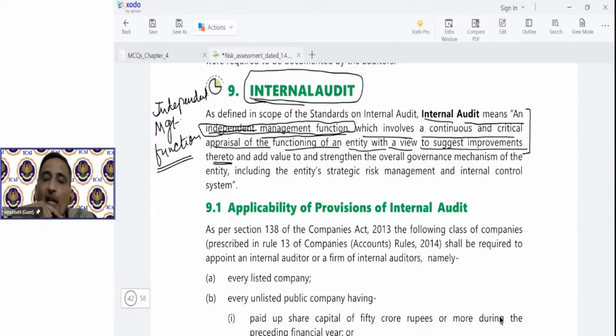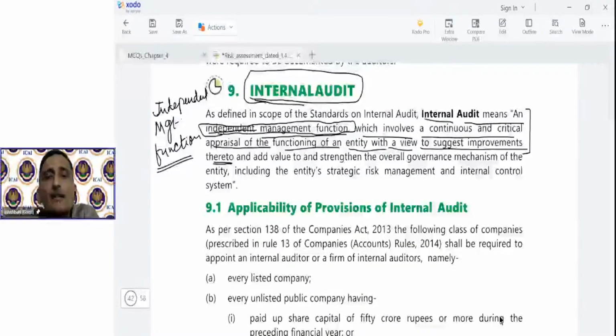Yes, Bhumika. Good answer, Bhumika. Bhumika is writing, not under pressure from top management. Yes, that is true. So the internal audit should be a function where he reports to those charged with governance.